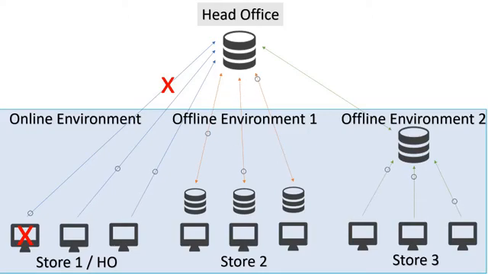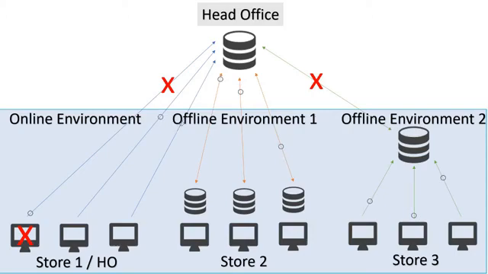Often, offline capabilities are needed for when there is no high-speed network connection or a very bad, high-latency network connectivity at a store. In this scenario, we will require an offline environment, meaning separate databases will be required to be set up within a store, either one database per store or sometimes a database per POS terminal, and all of them will require data replication to keep them all up to date.